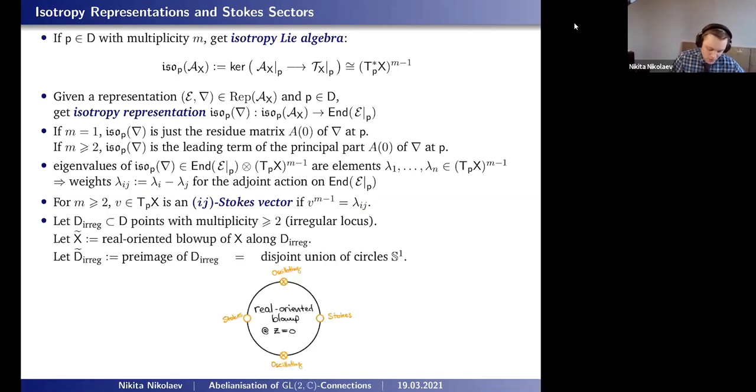So practically or pictorially, here's what this means. So if I look at the irregular locus, so these are the points where multiplicity is at least 2. And what I will do is I'll take my Riemann surface X and I'll take the real oriented blow up at all those irregular points. So this is what I call X tilde.